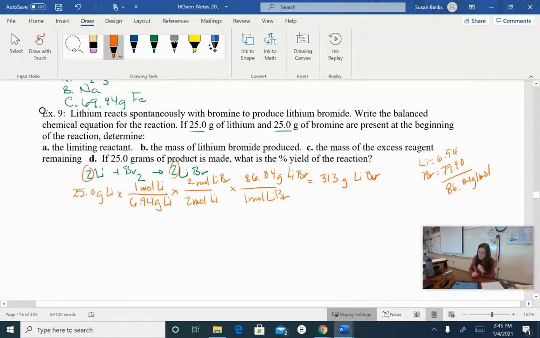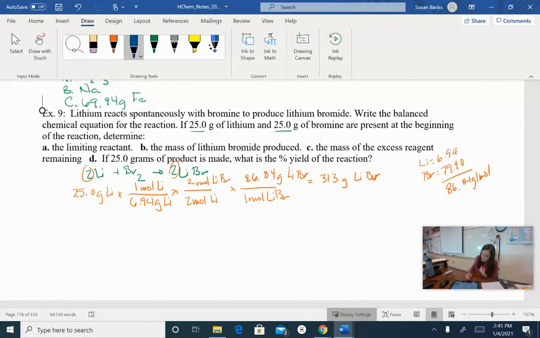Now I get to do the same thing all over again with my 25 grams of bromine. Now remember, bromine is diatomic. There's 2 bromine atoms together.